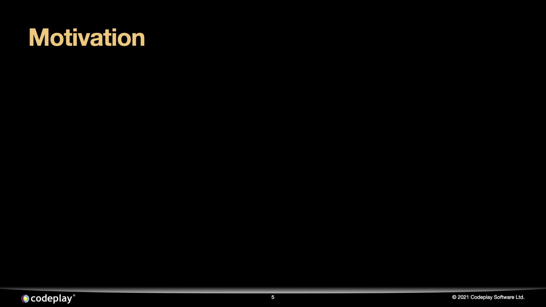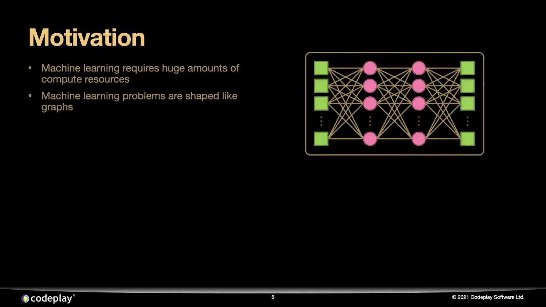But before we can answer that question, we need to understand why these accelerators exist. The short answer to that is machine learning. Machine learning requires a huge amount of compute resource and a huge amount of memory. And it so happens that a lot of the tasks that machine learning needs to perform look like graphs. Here I've drawn a simple artificial neural network with some input nodes, some hidden nodes, and some output nodes. We know that machine learning is hugely important to the industry at the moment.